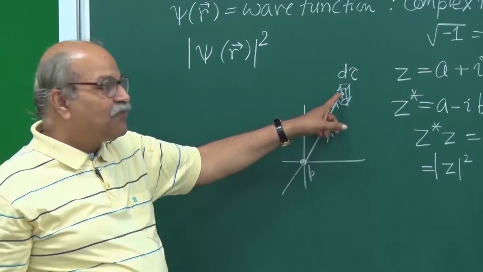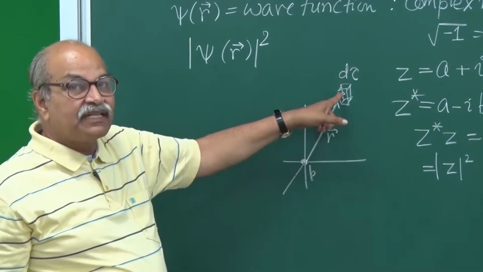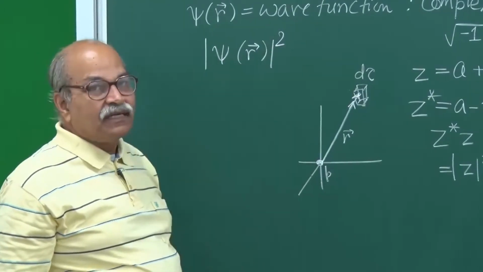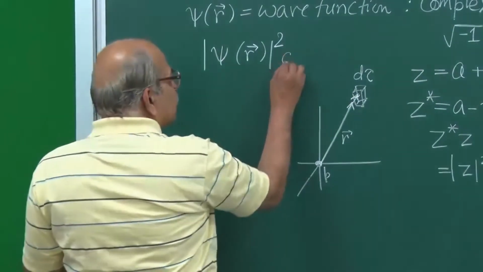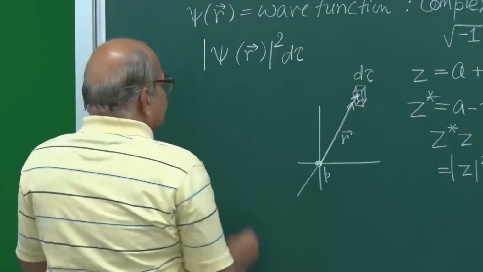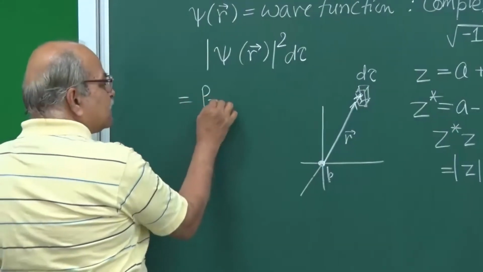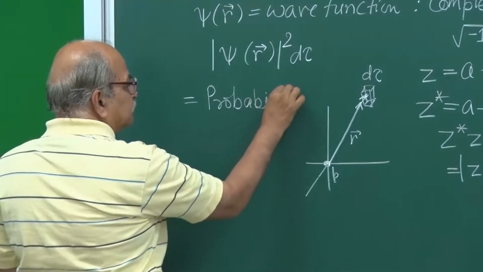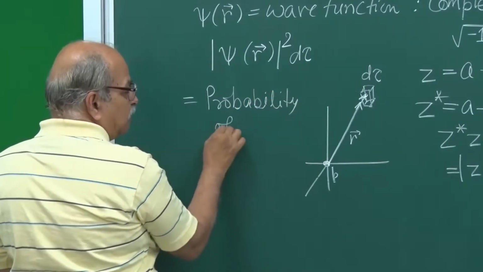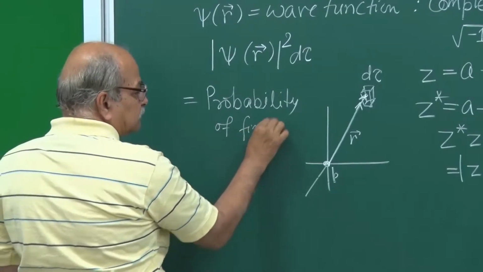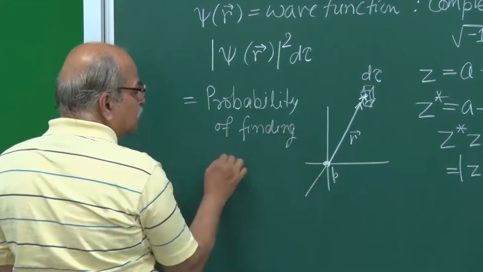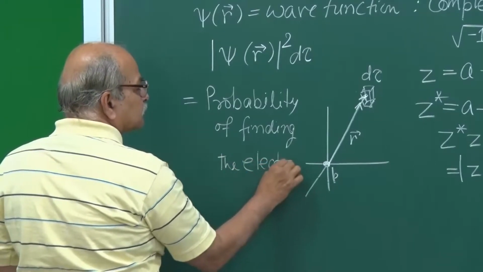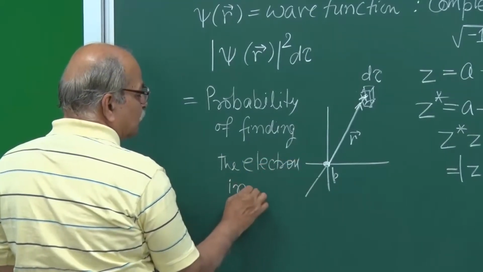So, there is some value of this wave function here, that is psi(r), and make this mod psi(r) square multiplied by this d tau. This gives me the probability of finding the electron in this d tau.